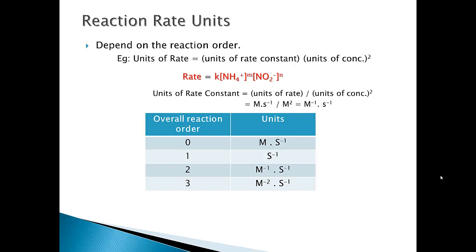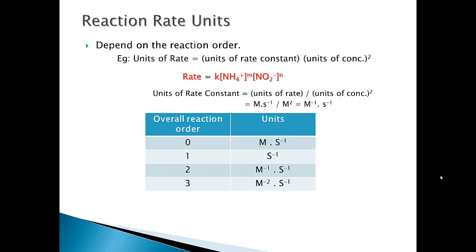The reaction rate units depend on the reaction order. Depending on the overall order, we use different units. In our previous example, we were using moles per litre per second. This works for a zero order reaction when we're describing the rate.